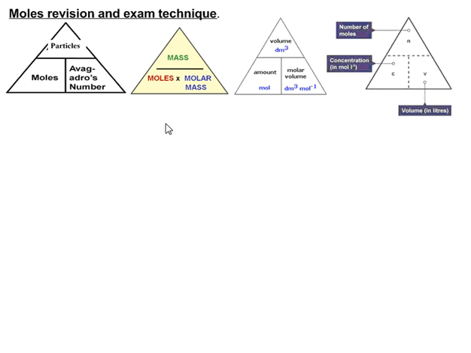If you don't know these equations, then obviously you will find the exam questions and test questions very, very difficult indeed. So here they are: the Avogadro's equation, the mass equation, the gas volume equation, and the concentration equation.